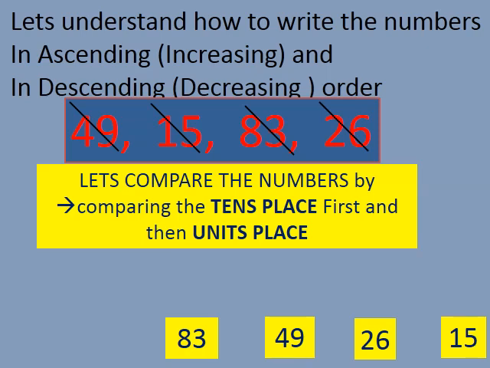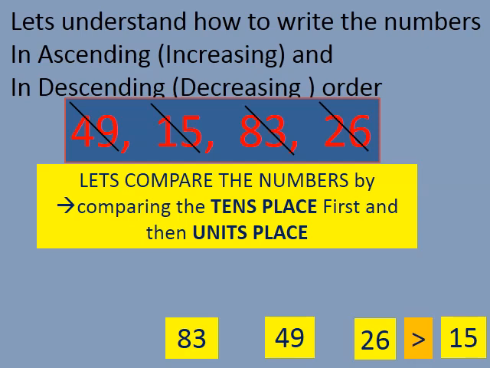Now as I have written from the biggest number to the smallest number, I will write from the smallest number to the biggest number also. Before that, let's see. So 83 is greater than 49, 49 is greater than 26 and 26 is greater than 15.